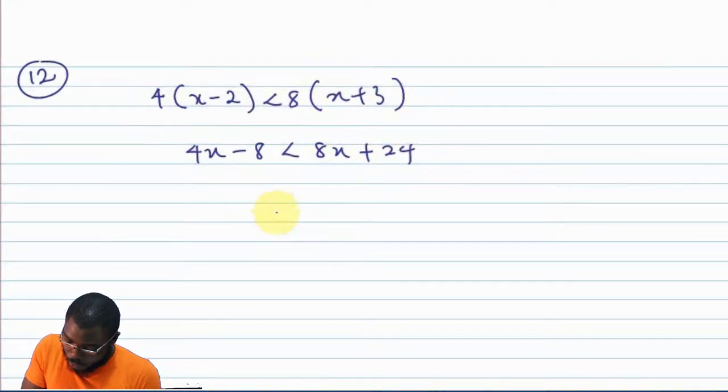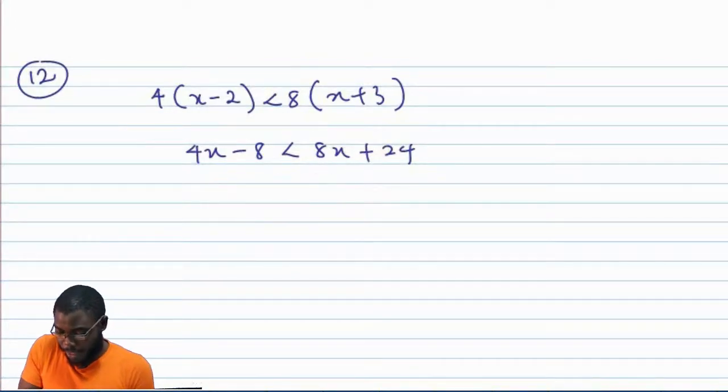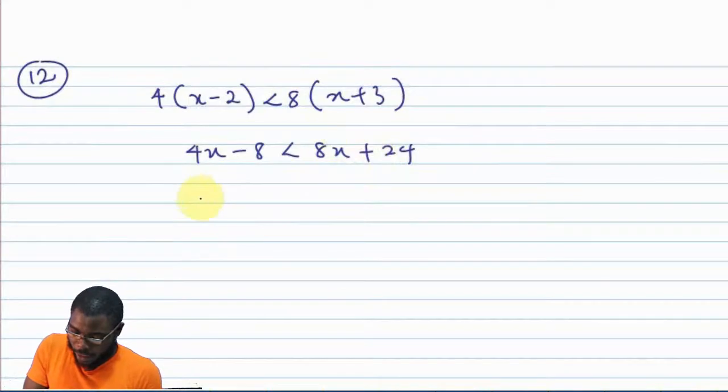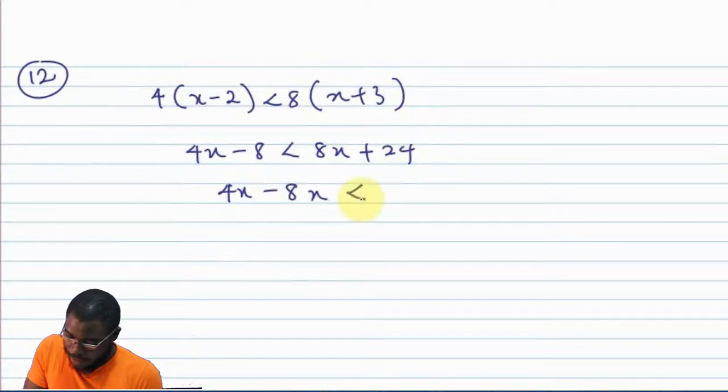So we have 4x. You just maintain this. You move this to this side. So we have 4x minus 8x, taking the like terms, is less than 24 plus 8.